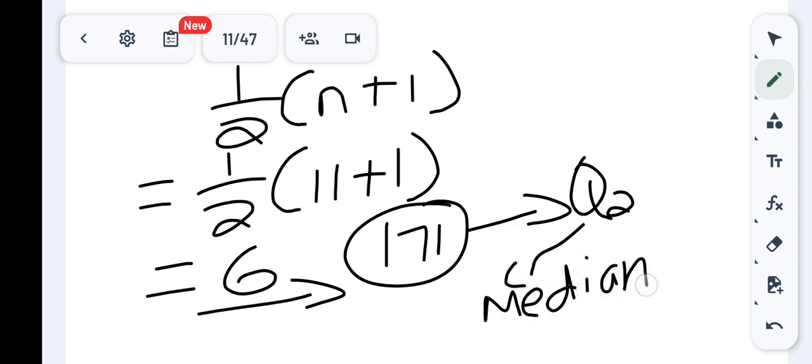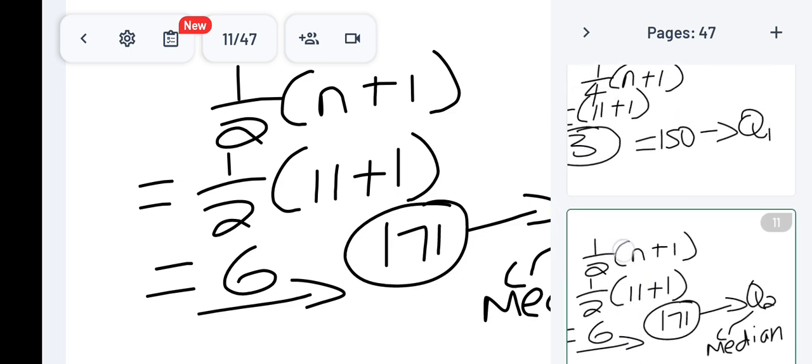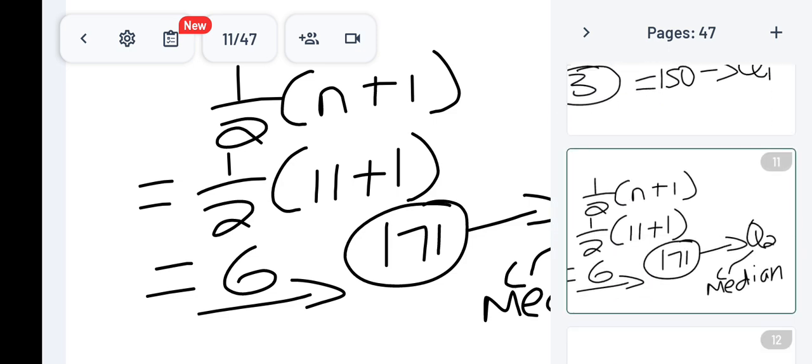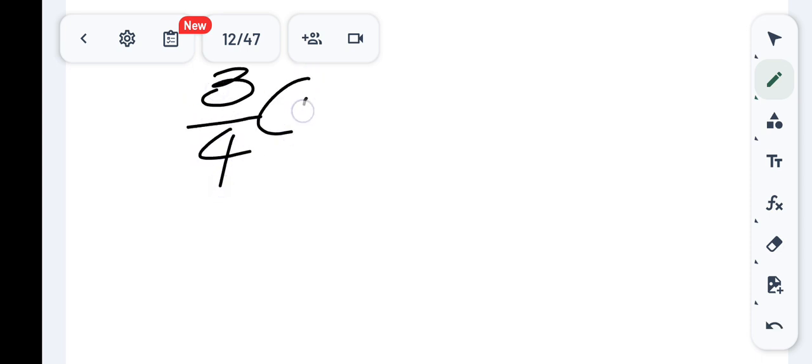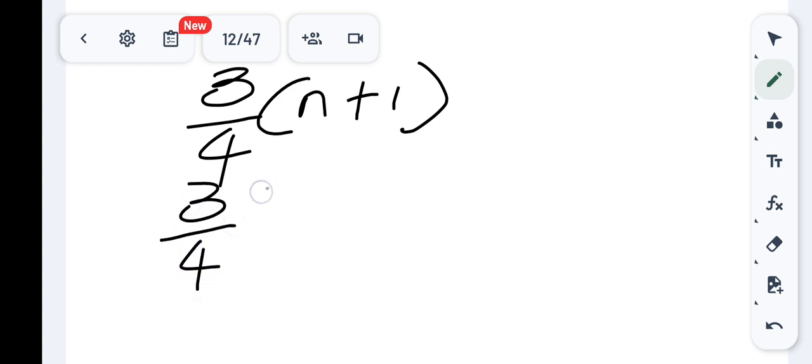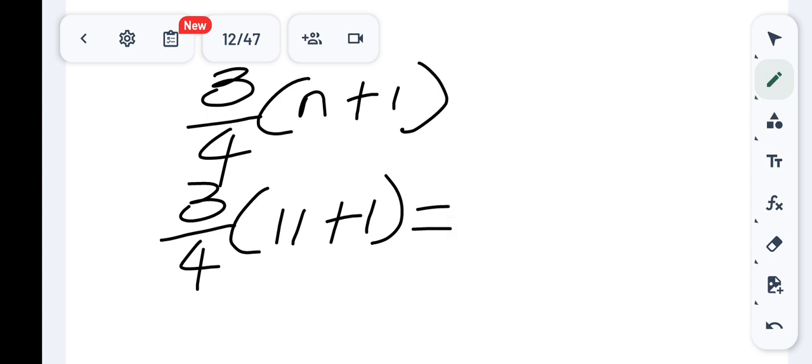And then let's find our upper quartile, which is the number below which 75% of the items of a given data set fall. 75% is equivalent to 3 over 4. So that is 3 over 4 into n plus 1, which is 3 over 4 into 11 plus 1, and this equals 9.